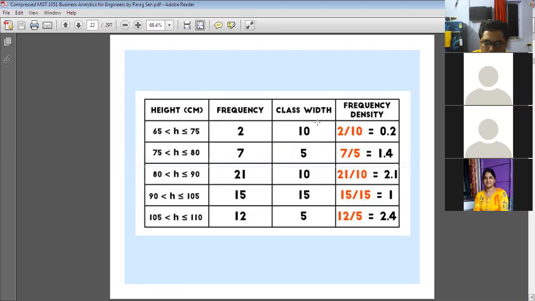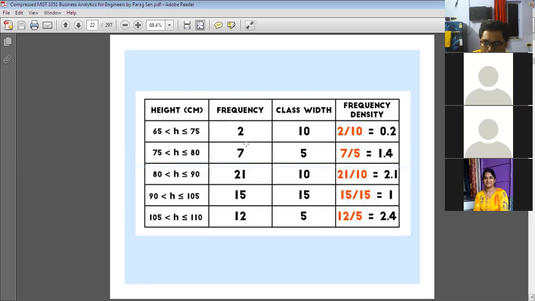So the class widths are 10, 5, 10, again 15 because 105 minus 90 is 15, and 105 to 110 is 5. And the frequency of the data: from 65 to 75, there are two data points in that data set. From 75 to 80, there are 7.